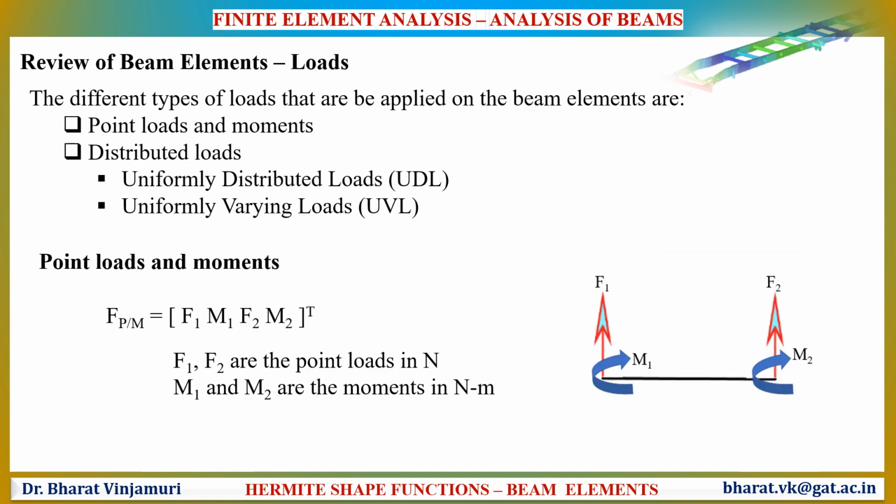The loads in beams are categorized into 2 types: point loads as well as moments, and uniformly distributed loads and uniformly varying loads as another category. The point loads are applied at the nodes as shown in the figure.